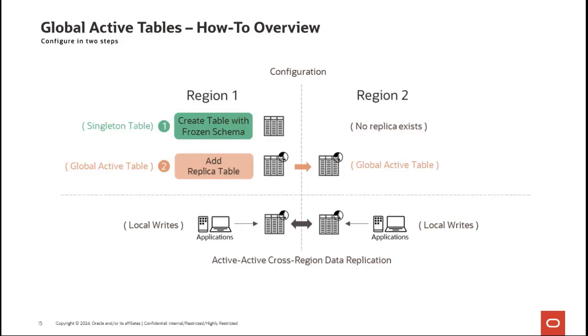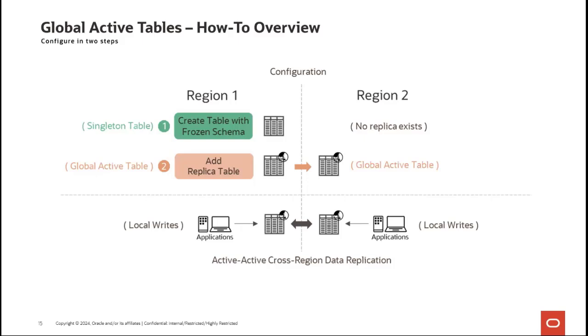One of the nice things with this process is if your table already has data in it, we will also move that data. And speaking about moving data, when you do this with DynamoDB, they will charge you for this initial data movement. For us, we don't charge you for that initial data movement because we recognize that more than likely customers are going to start out with data in their table, right?